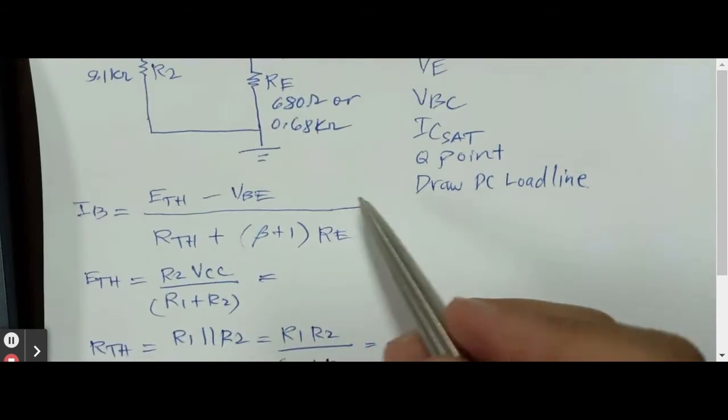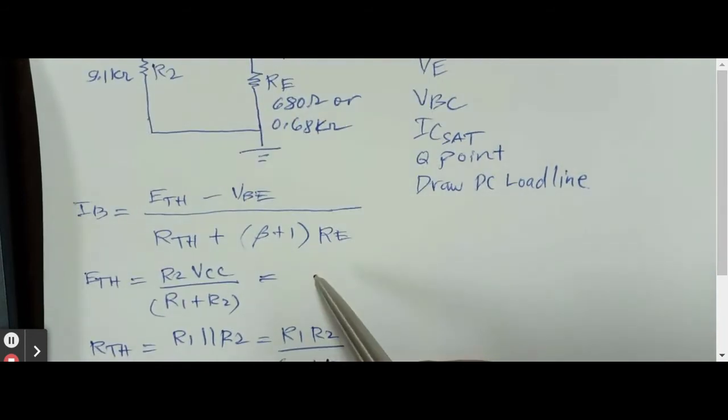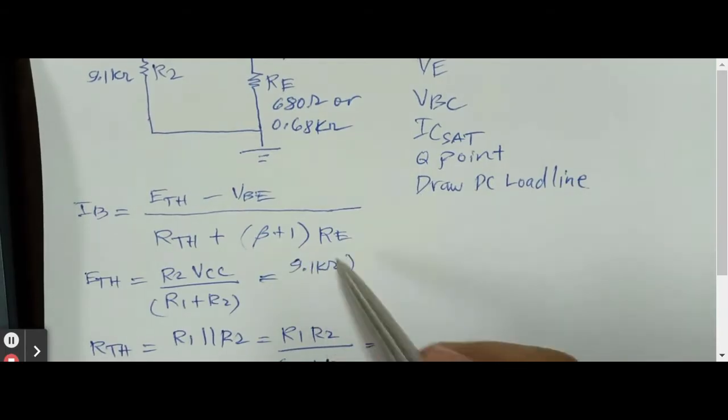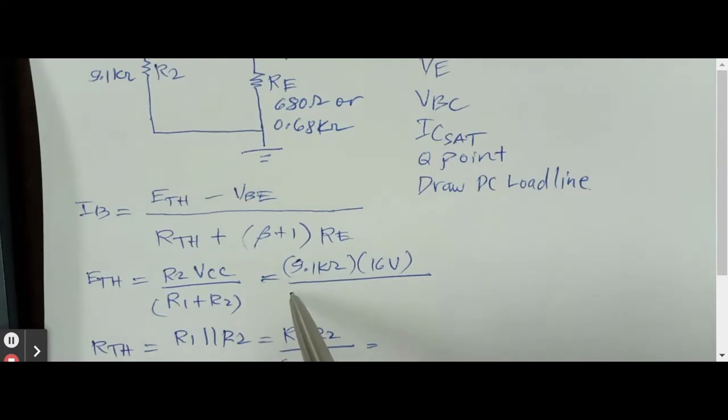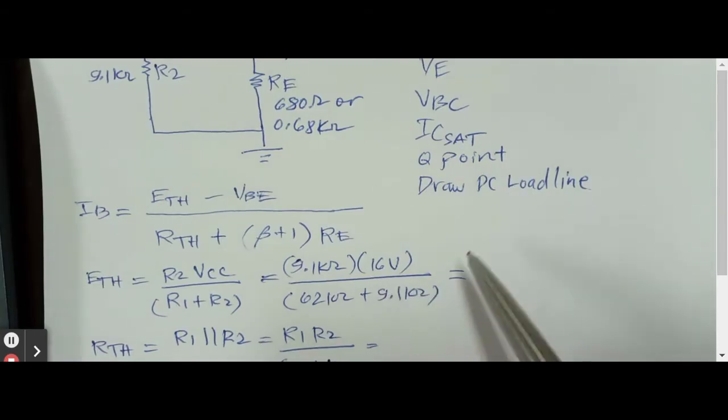So our R2 is equal to 9.1 kilo ohms. We'll multiply it by 16 volts divided by 62 kilo ohms plus 9.1 kilo ohms.